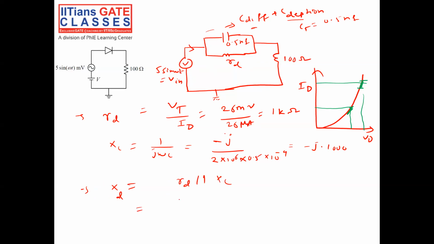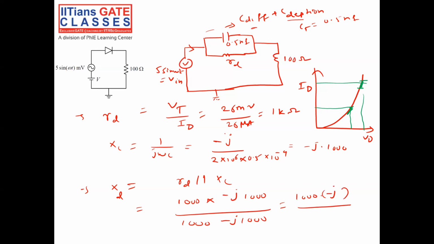RD is 1000 ohm, into XC, and XC is minus j into 1000 ohm, divided by 1000 plus minus j into 1000, since both are connected in parallel. RD into XC by RD plus XC. So the 1000 gets cancelled, and what I got is 1000 into minus j, divided by 1 minus j.